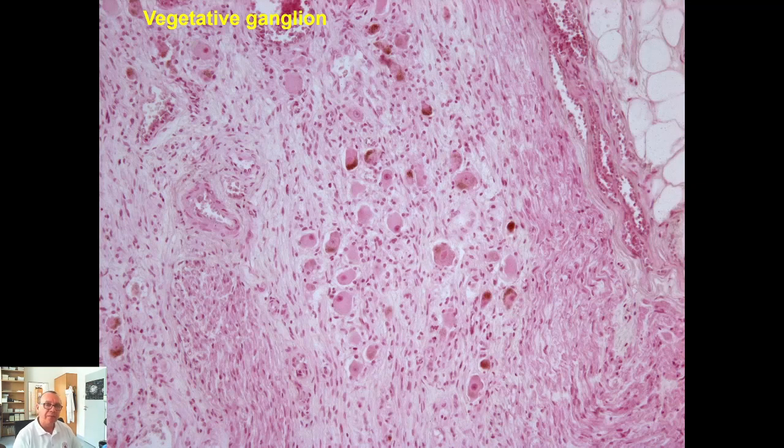Vegetative ganglia contain fewer neurons. These neurons are more dispersed in the tissue. They are not accumulated either in periphery or central region.